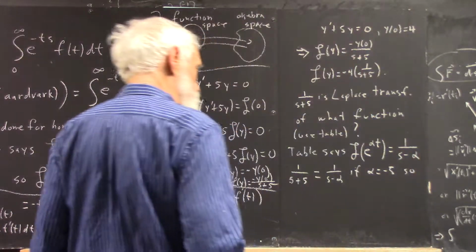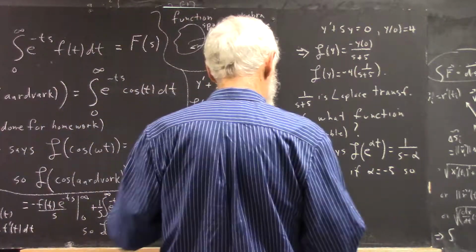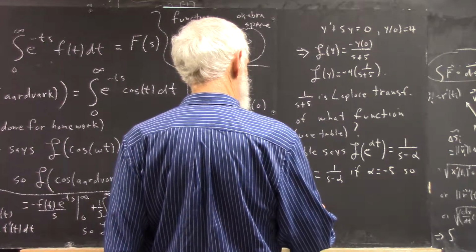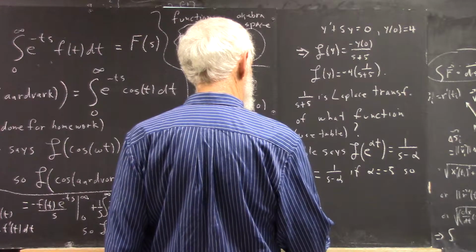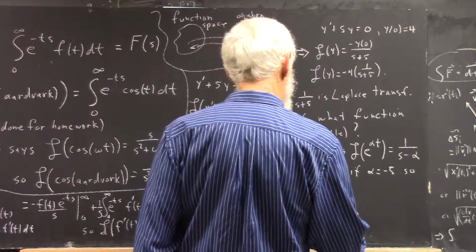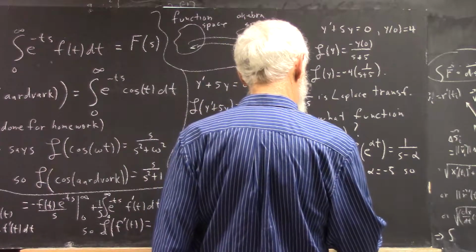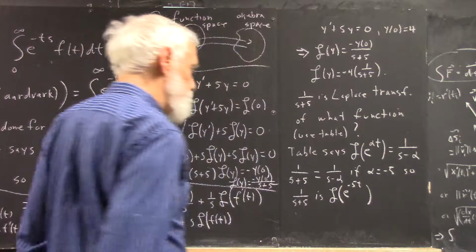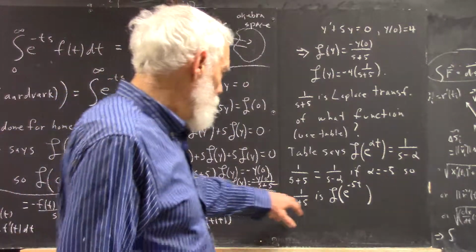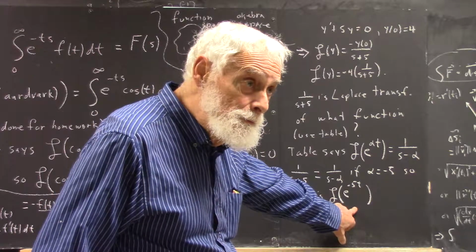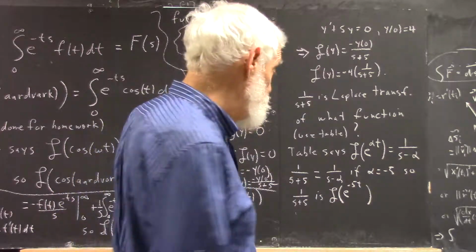So, one over s plus 5 is the Laplace transform of e to the negative 5t. Okay?